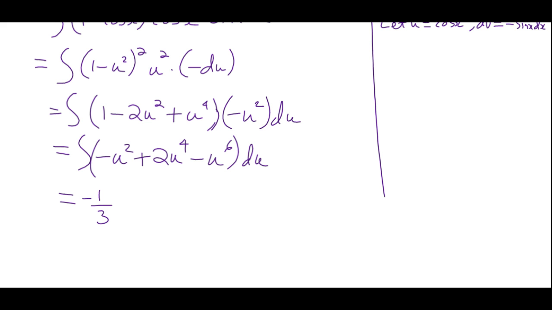So negative 1/3 u cubed plus 2/5 u to the fifth minus 1/7 u to the seventh, and at the end, the ubiquitous plus c.